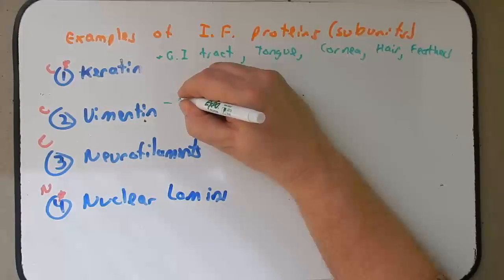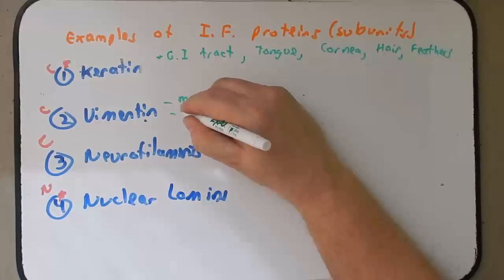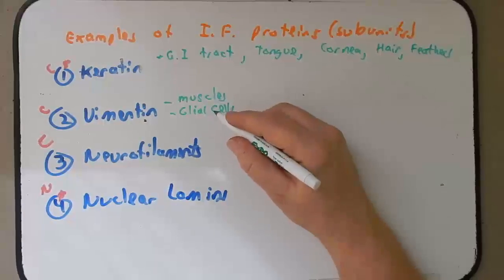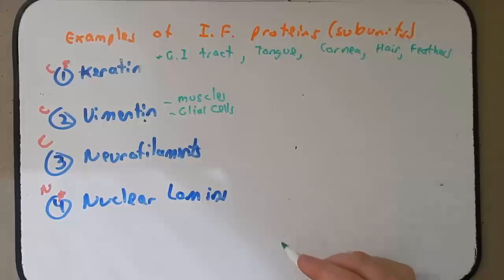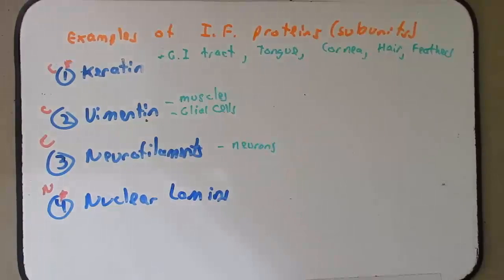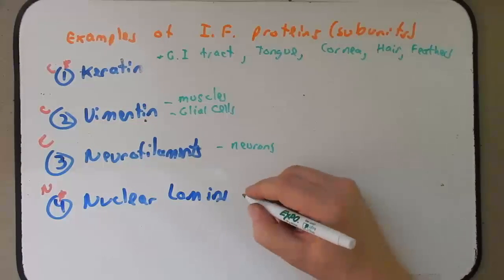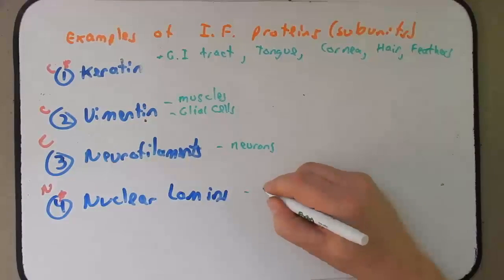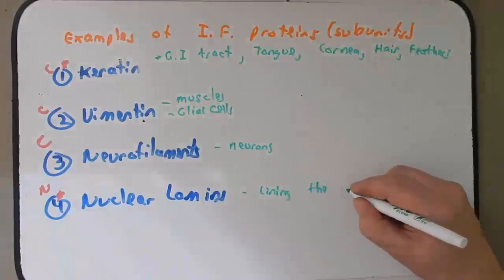Vimentin we find in muscles and glial cells. Glial cells are found in the nervous system, but they are not neurons. They are supporting cells in the nervous system. Neurofilaments are found in neurons. And the nuclear lamins, as you might suspect, are found lining the nuclear envelope.